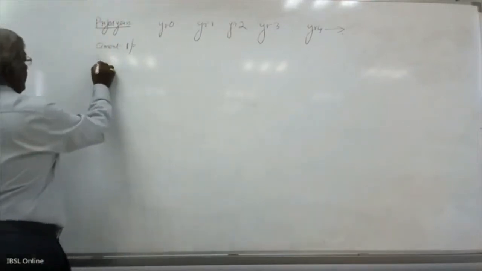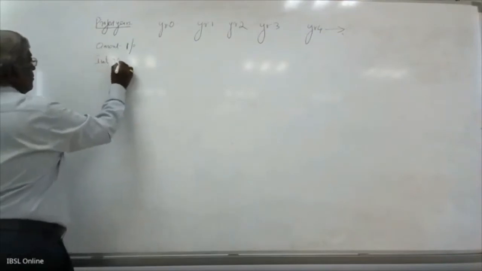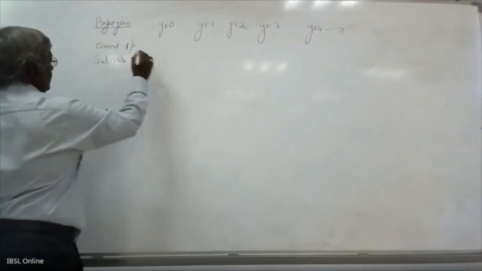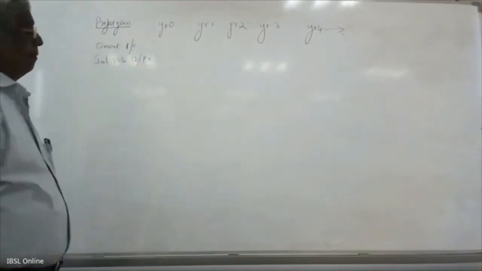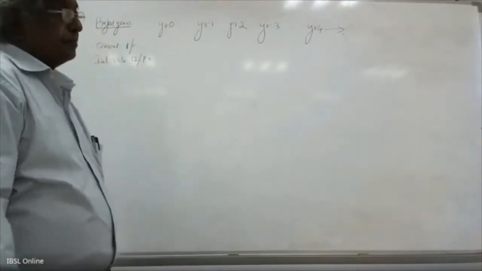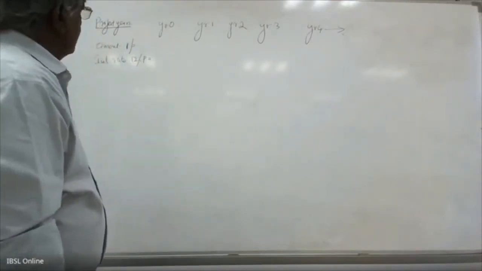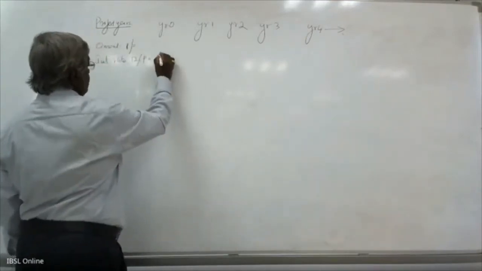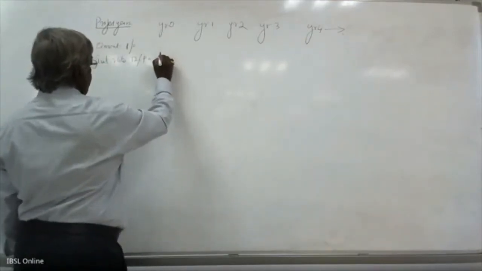So year 0, now the value of money is 1 rupee. The present value of money is 1 rupee.